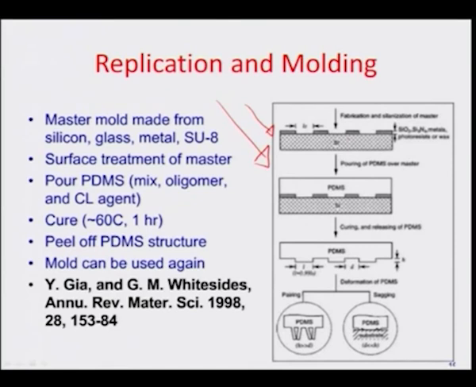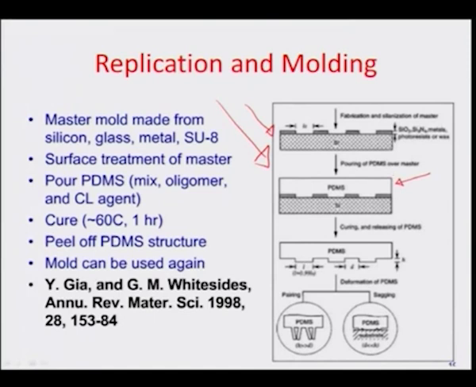After this treatment, you pour PDMS, which is available in liquid form, and it is a mixture of silicone matrix and a curing agent. You mix it in a proper ratio of 10:1 or 5:1 by volume, and the curing agent ensures the cross bonding between the silicone rubber of the material.